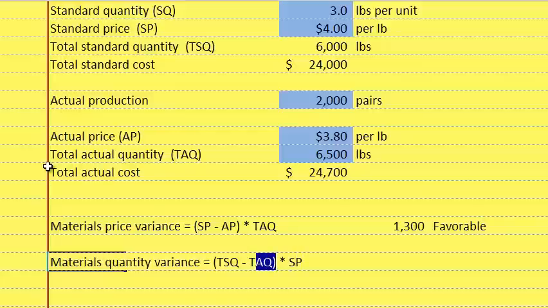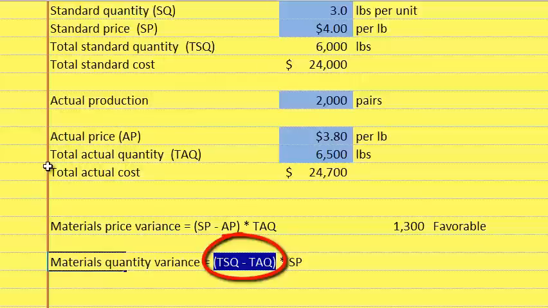This part of the formula is a comparison that you've already looked at. It's the difference between the 6,000 pounds that we should have used and the 6,500 pounds that we actually did use. So that's an extra 500 pounds over and above our standards, and we multiply that times the standard price of $4 per pound to get the total materials quantity variance.